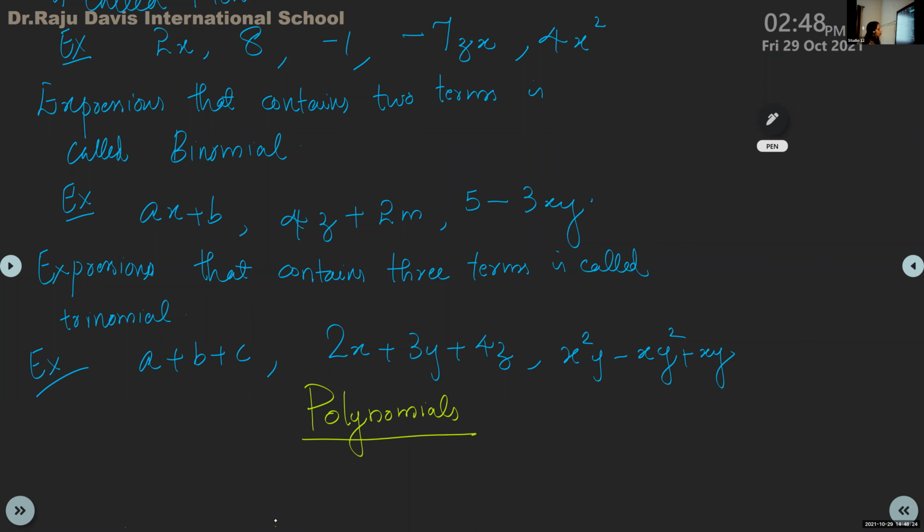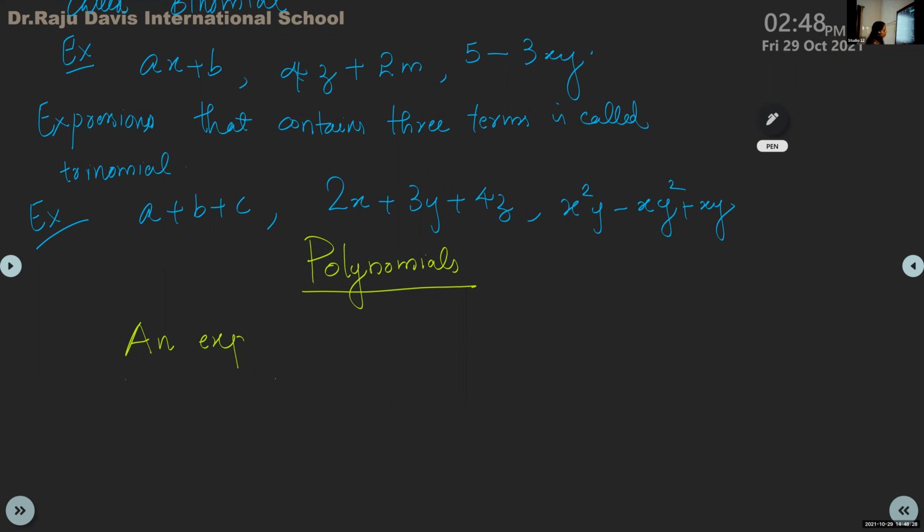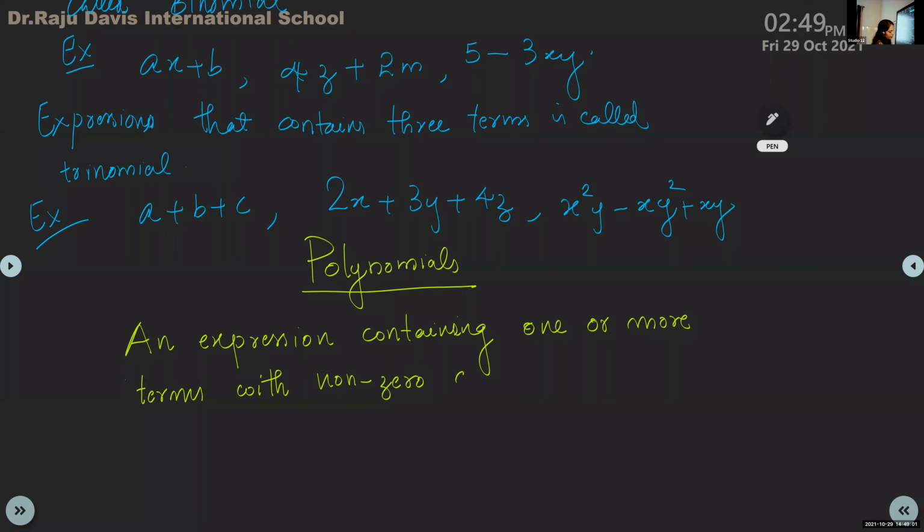Polynomial: an expression containing one or more terms with non-zero coefficients is called a polynomial.